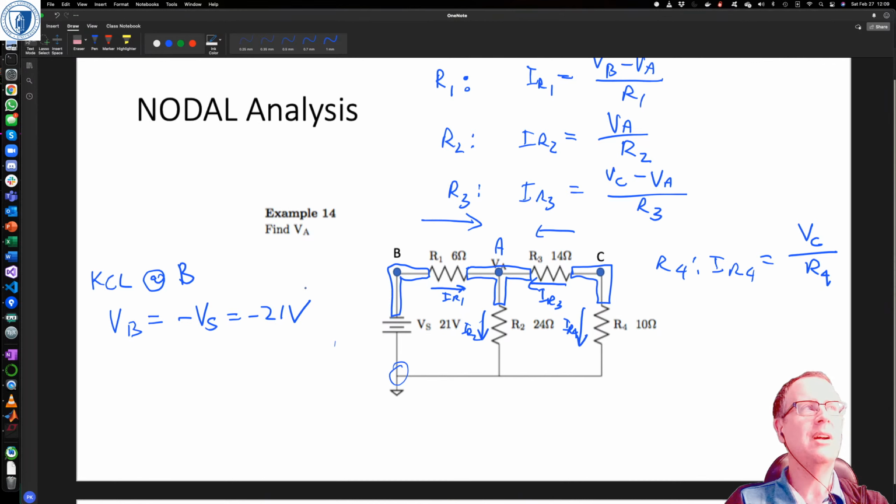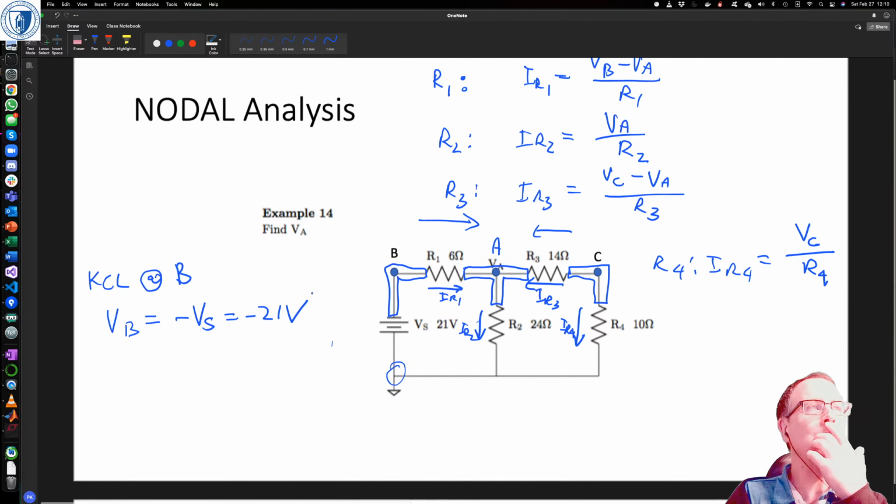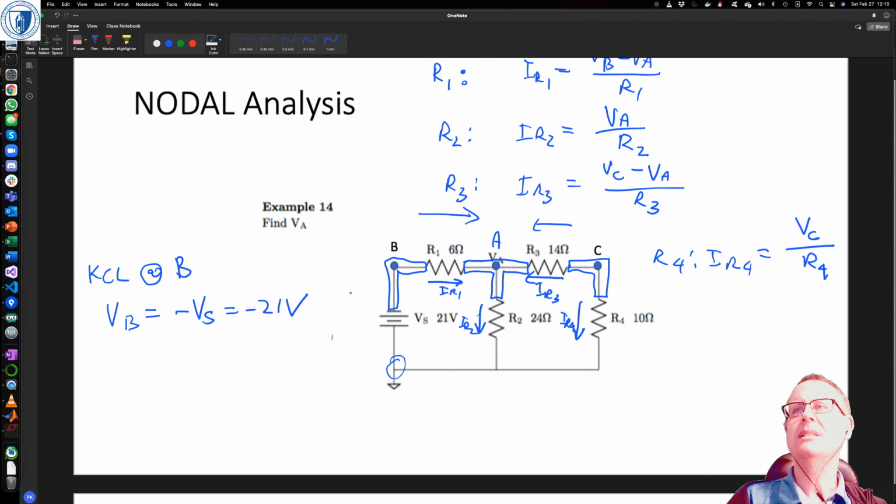You can't write a KCL equation for the nodes on either side of that voltage source. So you have to use a supernode, and I'll explain that later. Let's just get through the introduction to nodal analysis. I'll talk about supernodes next week. Okay, so that's KCL at B.